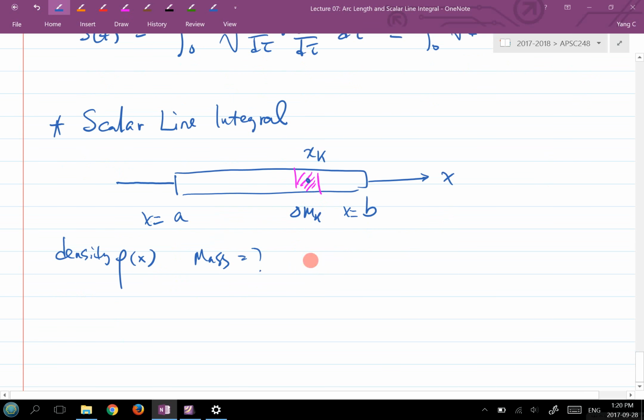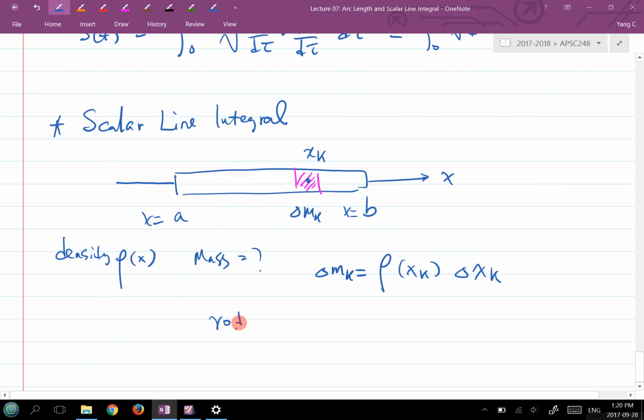How delta m is calculated is you use the density at location x of k, times the small segment of length delta x of k. That's your delta mass.